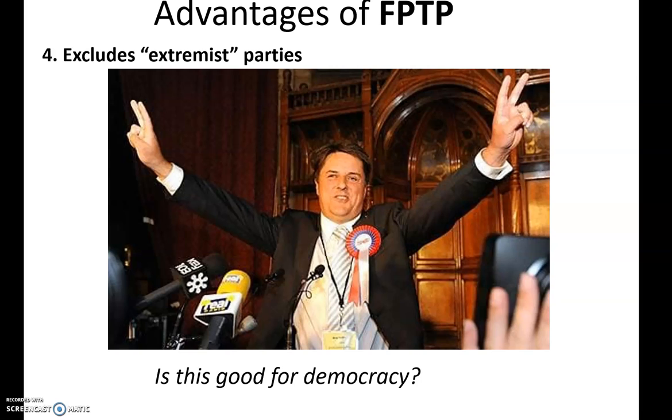And many argue that one good thing about first past the post is it does make life more difficult for small parties. And some of those small parties might be quite extreme, like the British National Party. And therefore it is good that we exclude them from the House of Commons and from Parliament.